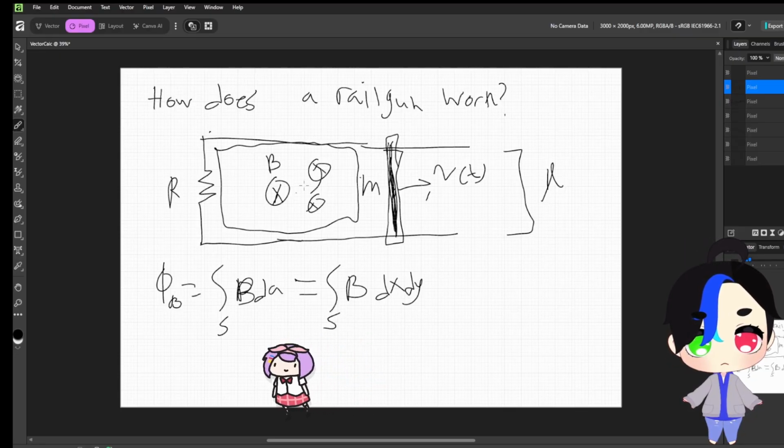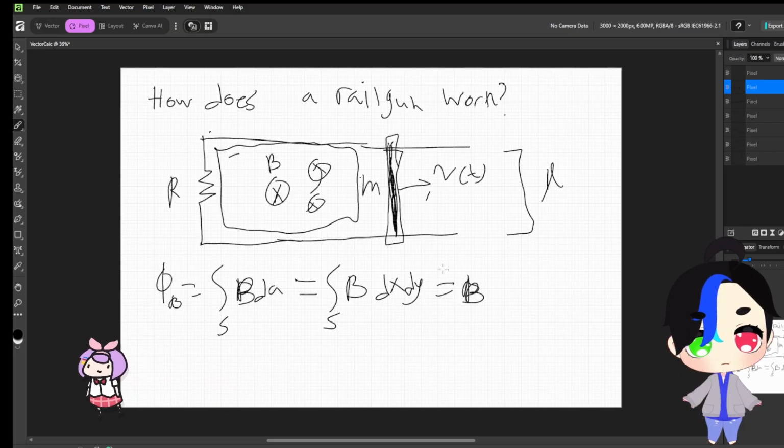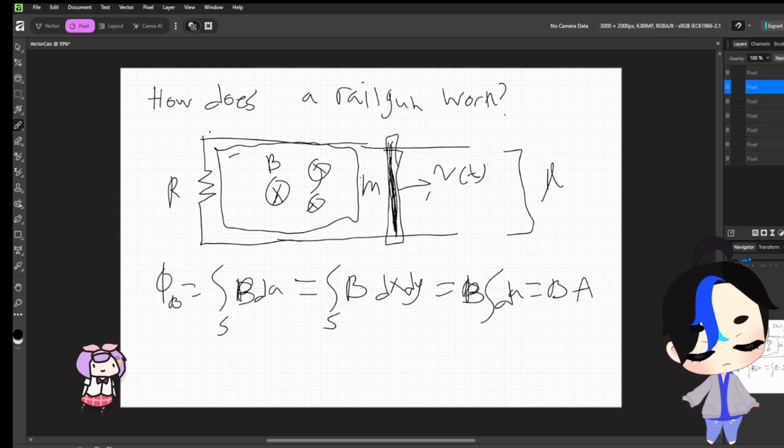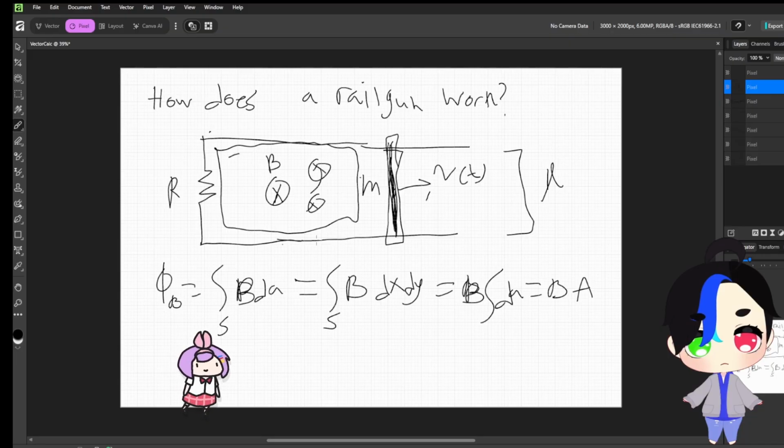It's what we call uniform. If I move anywhere in this area, the strength of the magnetic field doesn't change. Since it's constant, I can take it out of the integral, and the integral of a constant is just B times the area. The area is length times width.